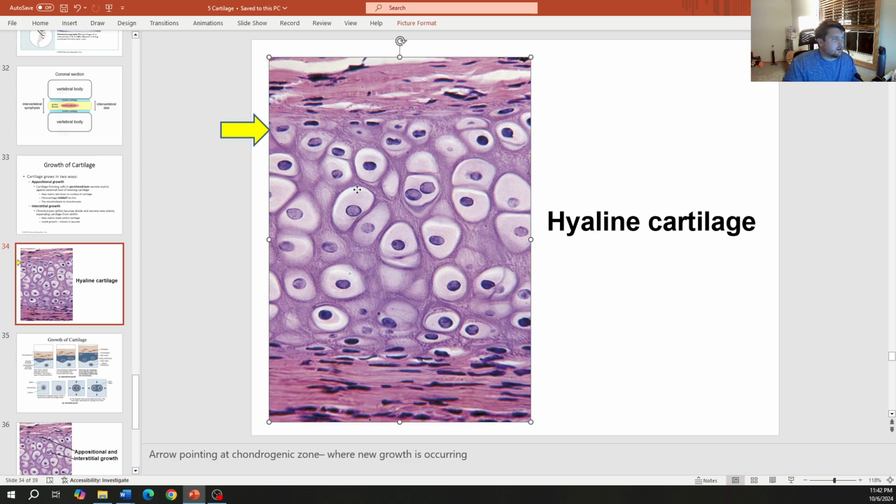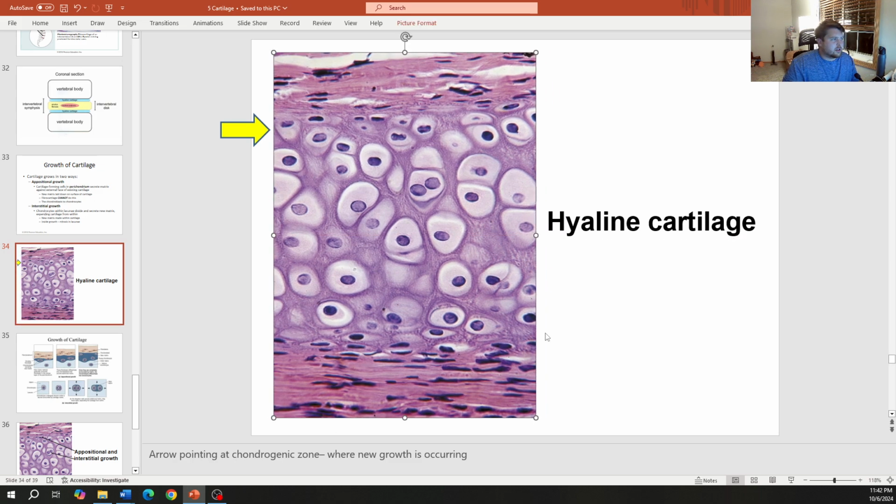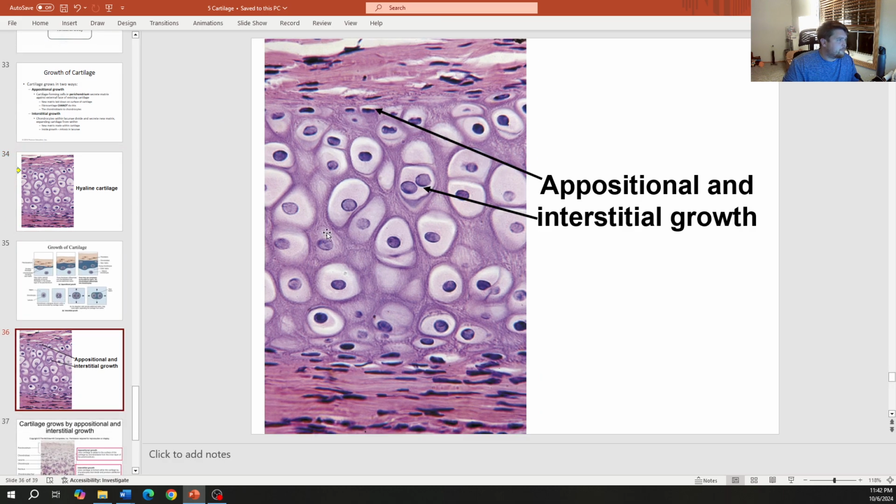So right here we see hyaline cartilage. This is that chondrogenic zone. Appositional growth is occurring from the edge of the cartilage. These chondroblasts are laying down matrix from the edge, and it's pushing against the perichondrium to continue to grow it out this way.